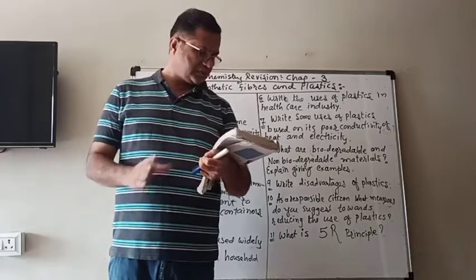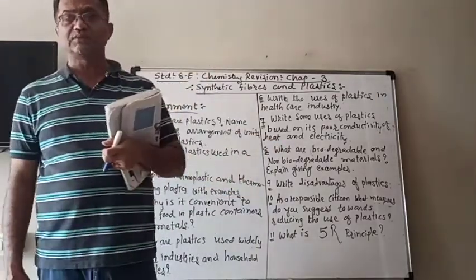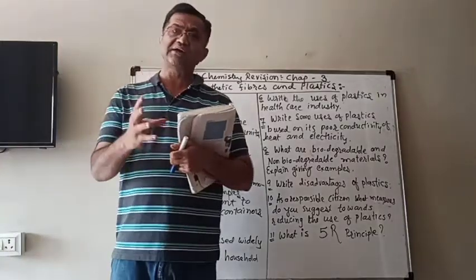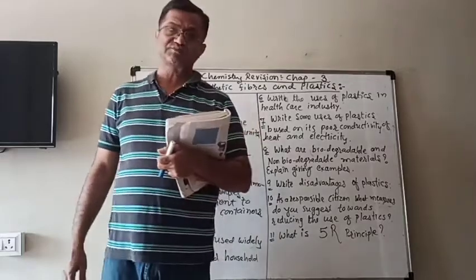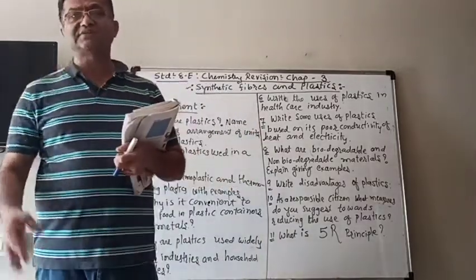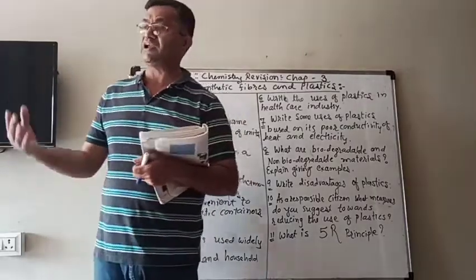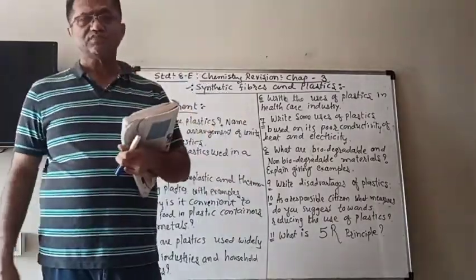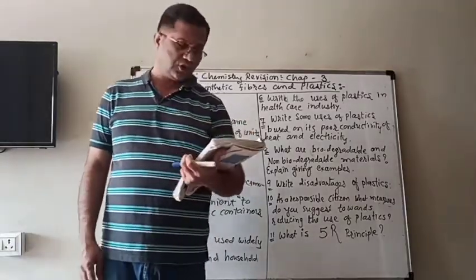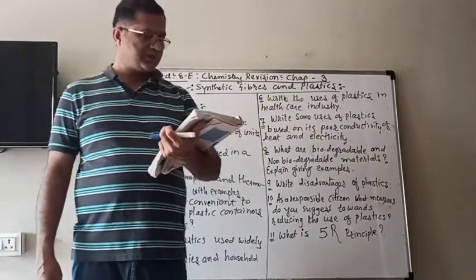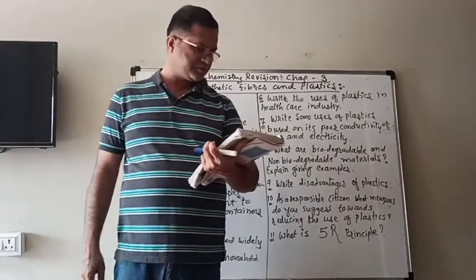Similarly, thermosetting plastic like bakelite is used to make switches because they are poor conductors. Otherwise, we can get shocked when working with electricity. So the plugs, switches and all other items related to electricity, and similarly the coating of the wire, are made of plastic, all because they are poor conductors of heat and electricity.